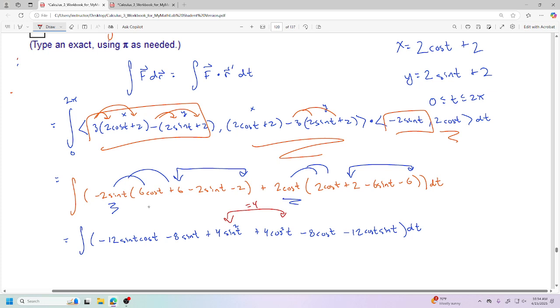You're pulling a 4 out first. Yeah, I like that. And then these will combine to make a 24. So negative 24. Although I hope that they canceled. It didn't seem like they did. And then we just got the other two guys hanging out. Remember that plus 4. Don't let it go. And there we go.